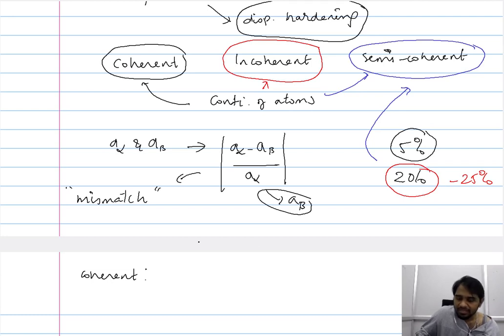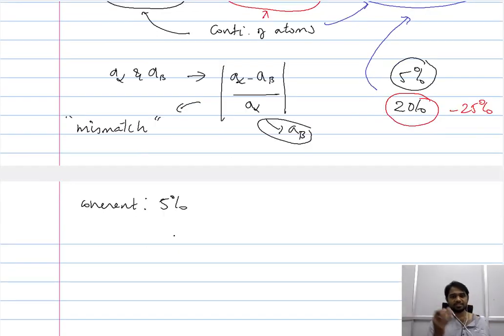Even though it is a coherent interface, it is possible for us to trace some sort of continuity between the atoms in one phase and another. However, despite this continuity, there is a mismatch of around 5% that characterizes this coherent interface. When you have such a mismatch, even though it is low, there is a strain energy associated with it.